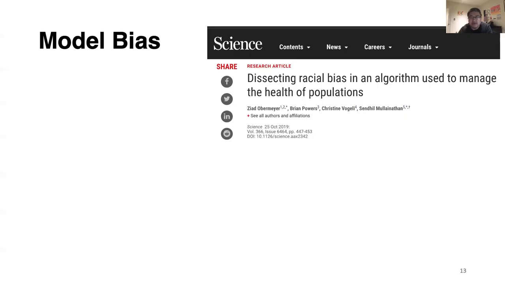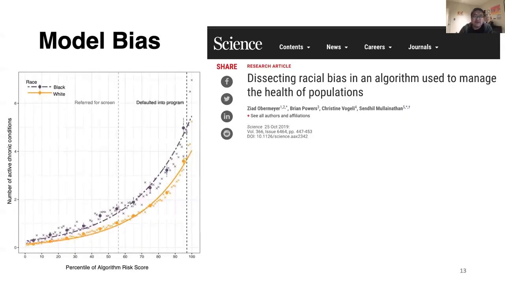This is actually a Science paper talking about a widely used algorithm to determine whether a patient is eligible for a specific healthcare management program. And the study found that in order to be eligible for the program, the Black patient needs to be much more sick compared to the white patient in terms of accumulated chronic conditions. This is because some of the features used in the model can really cause such bias.